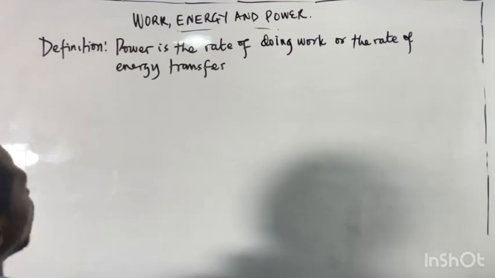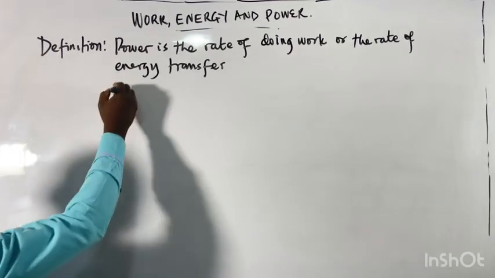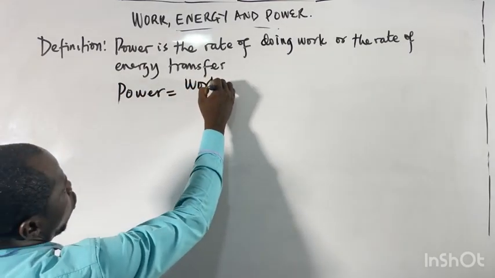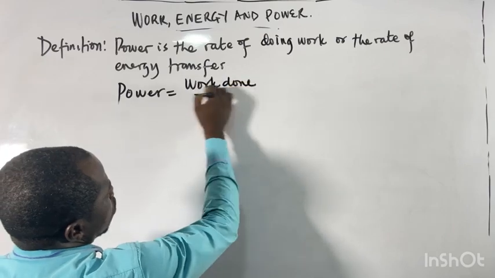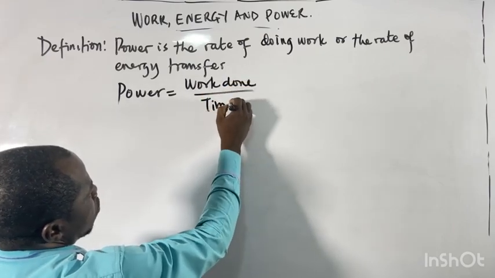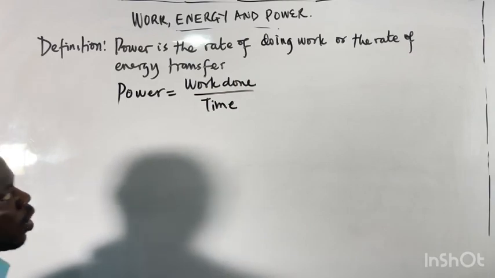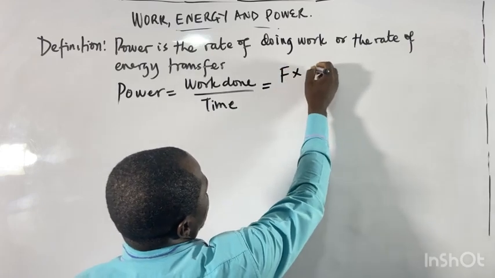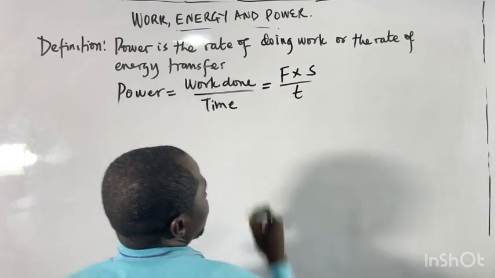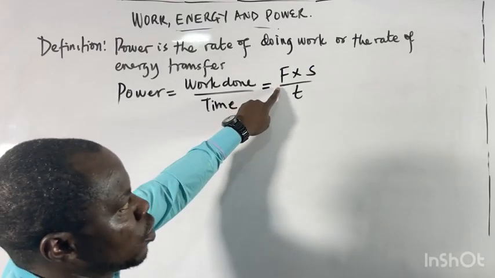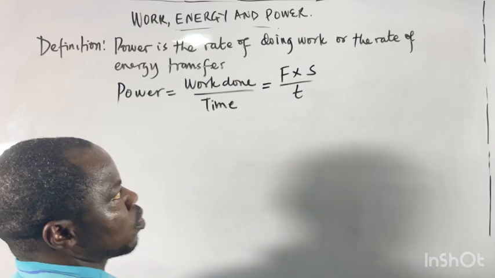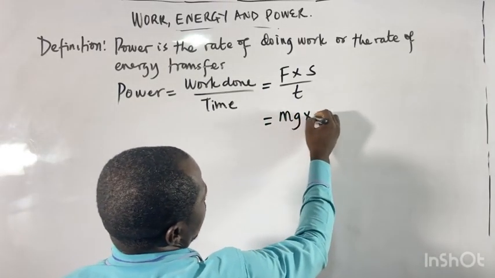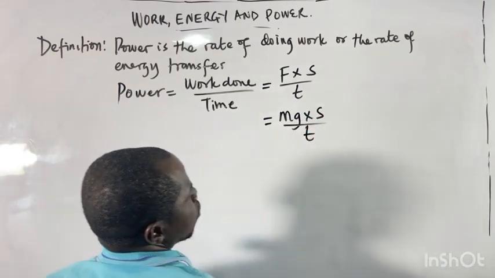And how do you now calculate power? Power is equal to work done over time. And from there, what is work done? Work done is equal to force times distance, divided by time. And also we know that force is equal to mass times acceleration due to gravity. So we can as well define it as mg times x over time.